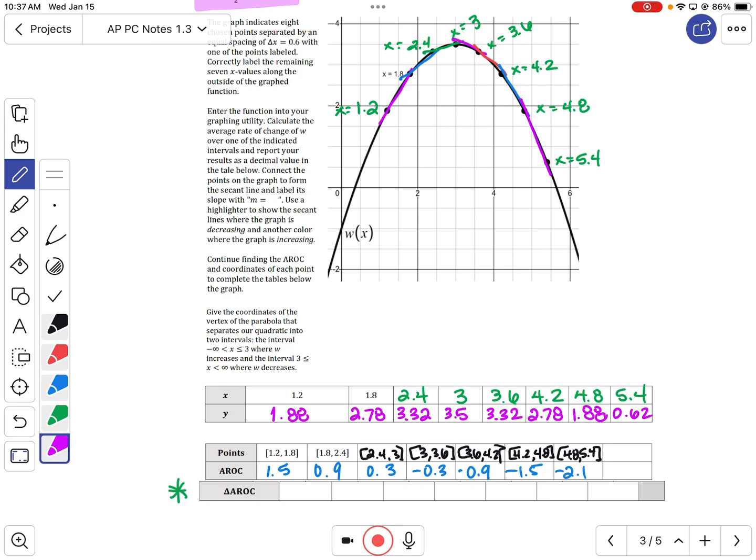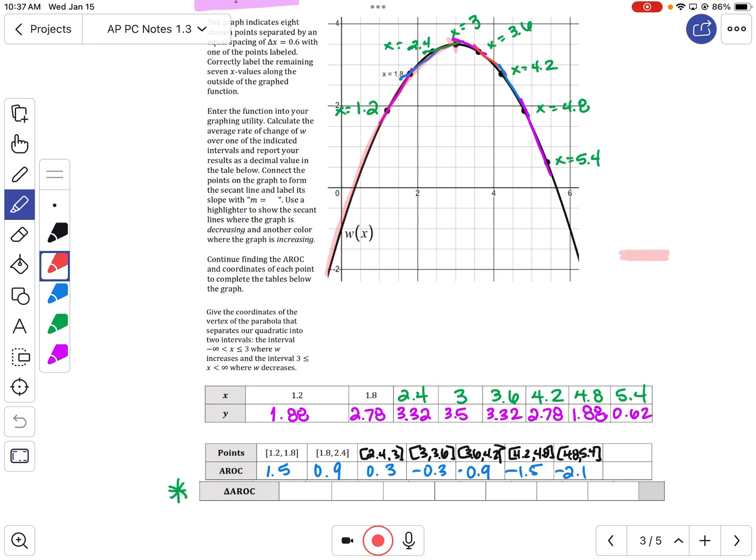Alrighty. Then it asked me, where is this function increasing or decreasing? So I'm going to switch to my highlighter. Which side of the graph are we increasing on? Yeah, the left-hand side. So we're increasing here.